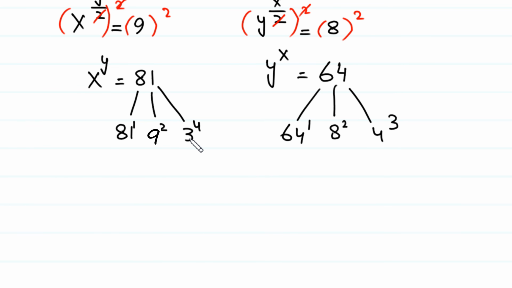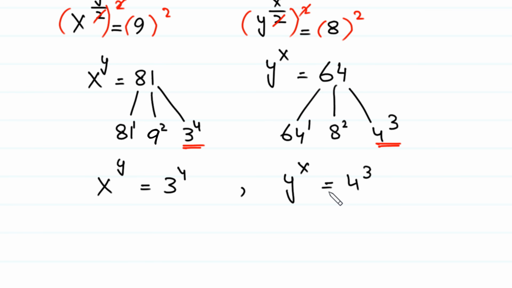We can see here 3 as base and 4 as power, and here 4 as base and 3 as power. So we select this one. We write x to the power y is equal to 3 to the power 4. This 81 can be written as 3 to the power 4. And from here y to the power x is equal to 4 to the power 3.